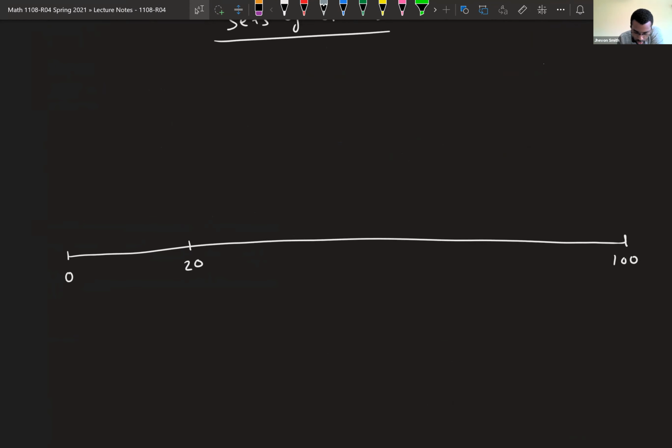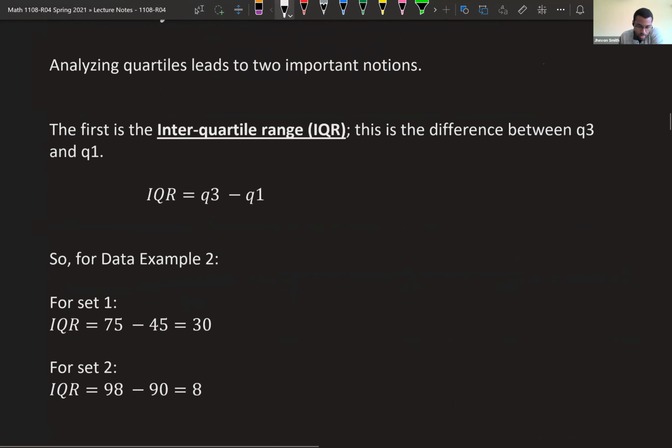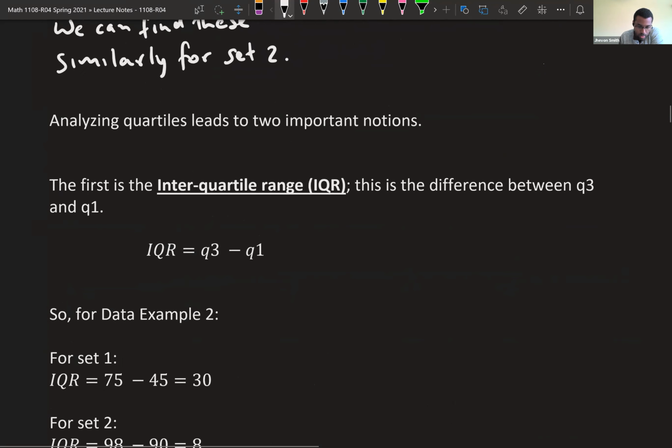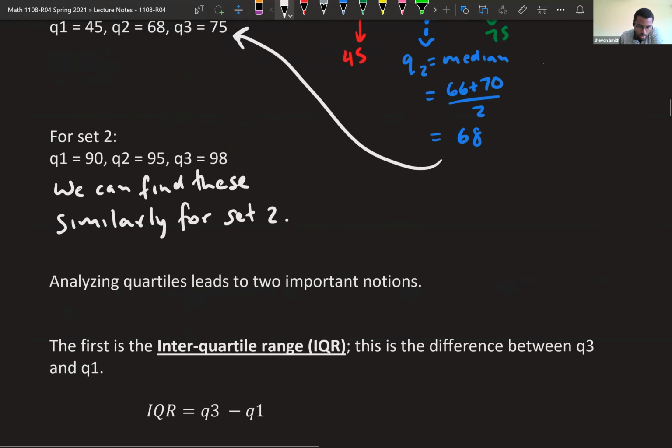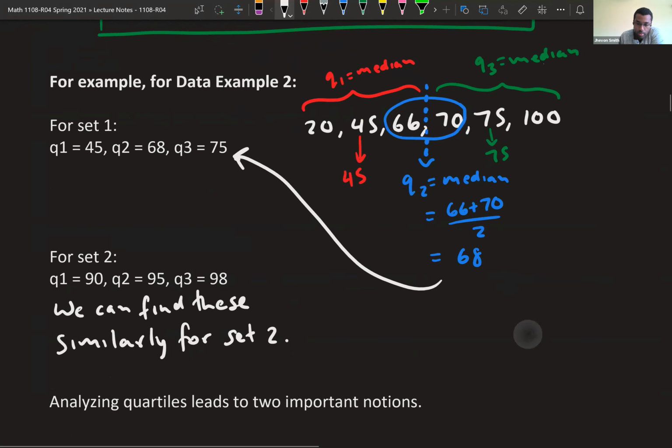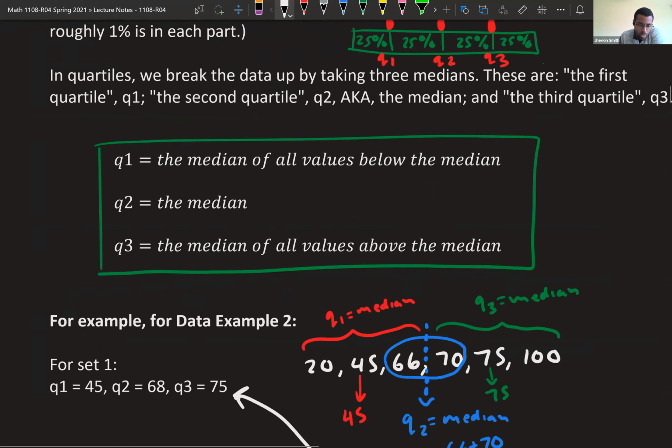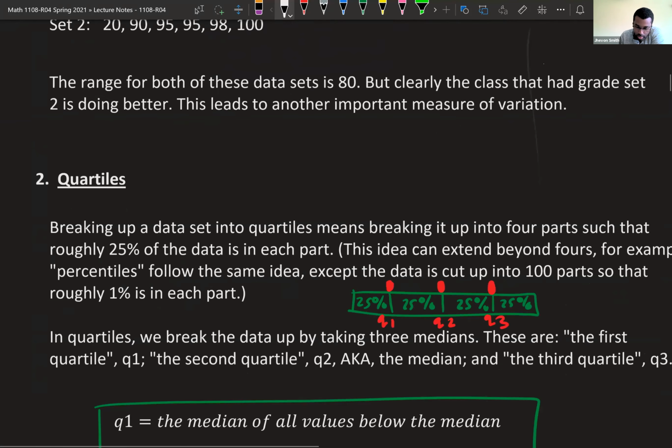So I'm going to go over here: 45, 68, 75. Right? And we know the lowest value was 20 and the highest value was 100.